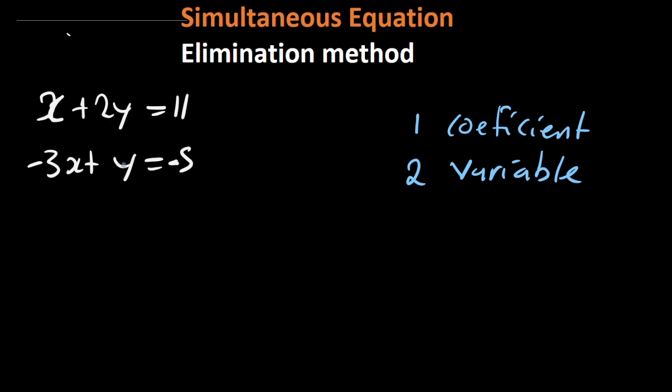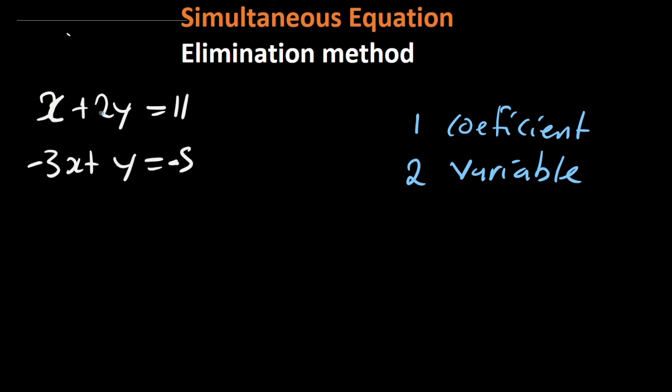So how do we make sure that the coefficients for this variable are equal and carrying the opposite sign? It is by looking for a number which, when you multiply it with this equation, will give you the coefficient equal to the one from the other equation. In this case, you don't have to look outside the equations for that number.